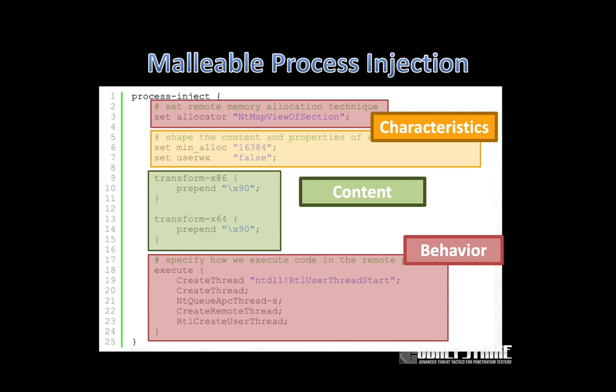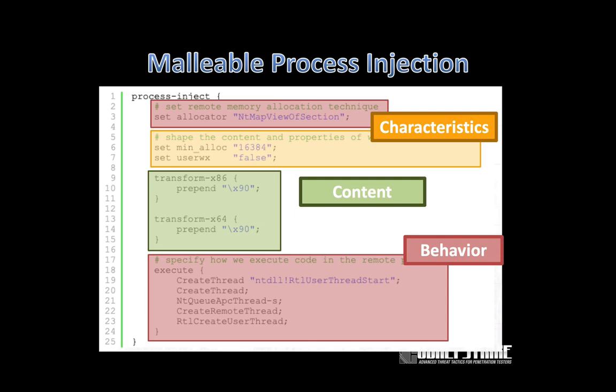Transform-x86 and transform-x64. These blocks can shape the content that is being injected into a remote process. And the execute block gives you a lot of control over how Beacon spawns a thread or otherwise passes execution to code that you copied to a remote process.